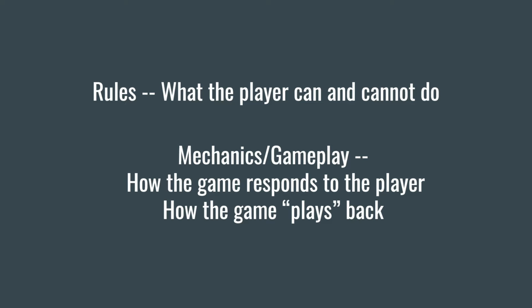Mechanics are what happens if the player moves forward 6, but the board says go back 3. Or there's a chute or there's a ladder and the game Chutes and Ladders. Does that make sense? So rules are commands. You can do this or you cannot do this. They're thou shalt do this, thou shalt not do this. Mechanics are not shalts and do's and cans and cannots. Mechanics are ifs and elses and thens, which we'll get to later.